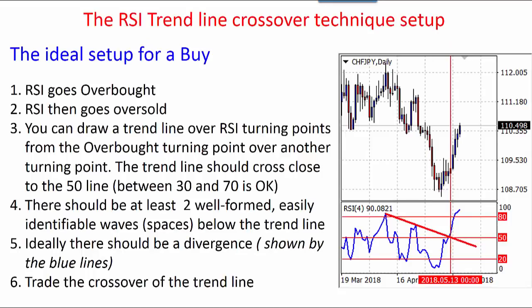So today I'm going to be testing the RSI trendline crossover technique. It's a pretty simple technique, simple rules, and the more you see it, the more it will make sense to you. Essentially, you're looking for an overbought environment that has a few waves and then goes into the oversold environment, moves up, and then crosses over a trend line that can be drawn over the turning points of the waves in the market.